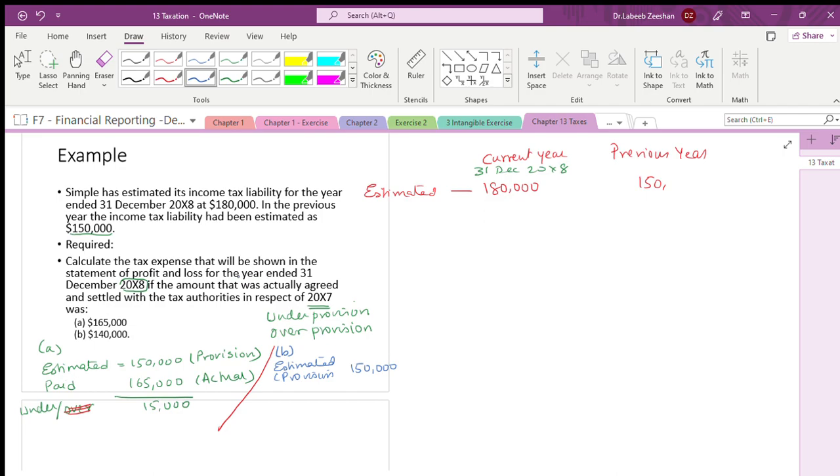They have paid how much? They paid 140. The estimation is more, the payment is less. This is the example of over provision. How much is there? 10,000.